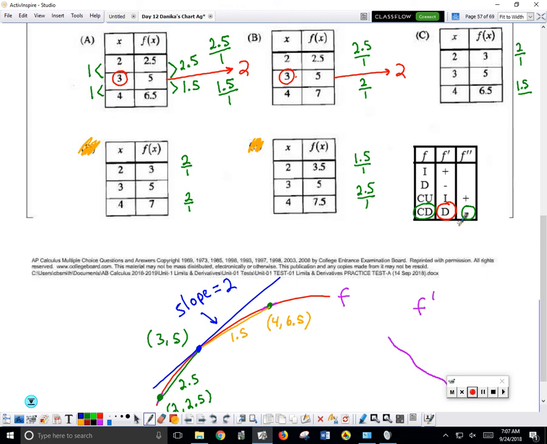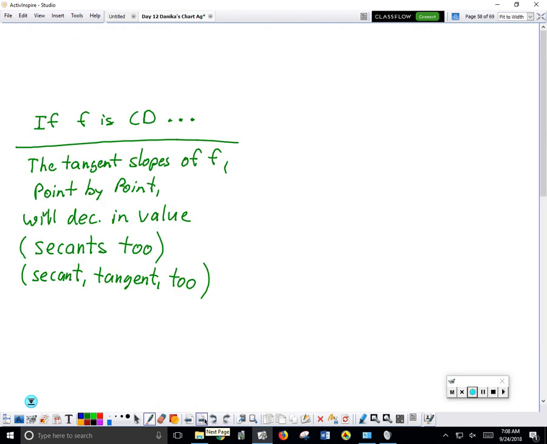This one doesn't. This has got to be between these 2, if the curve's going to be concave down. This has to be between those 2 if the curve's going to be concave down. Otherwise the curve, between the 2 secants. That's what the flashcard is trying to remind you of.